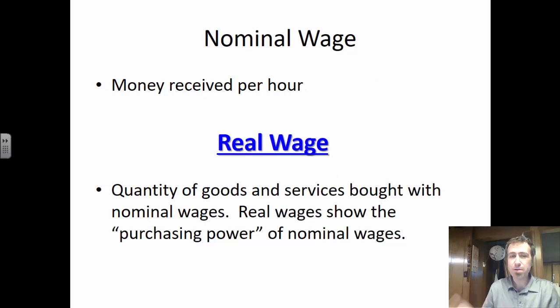So now, nominal wage versus real wage. We've talked about nominal GDP versus real GDP, and it's a similar formula for calculating real wage. The nominal wage is the money you receive per hour, but the real wage is how much stuff you can actually buy with that wage.